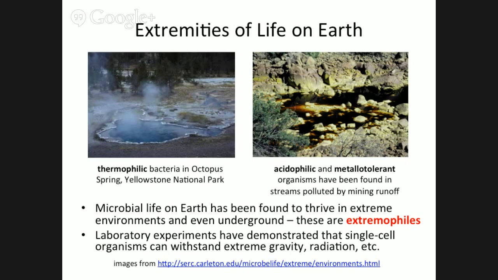Some of the areas around, say, nuclear waste dumps or around reactors that have had problems, you still find bacteria that can survive in these extreme environments where, again, other life forms are not able to survive. And so we've been able to find lots of organisms in places where you really wouldn't expect to find them, underground, in the ice. And it suggests that you don't need to have the sort of very nice, warm, perfect, wet conditions for life to actually take root, that perhaps life is a little more robust than that.